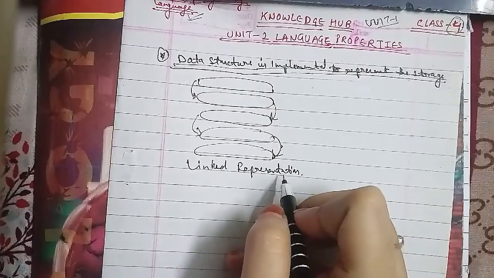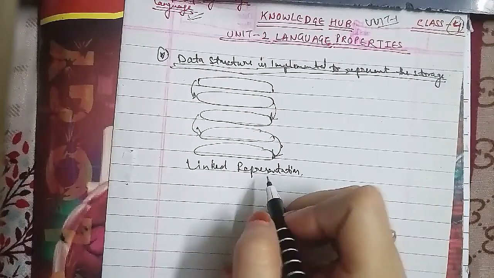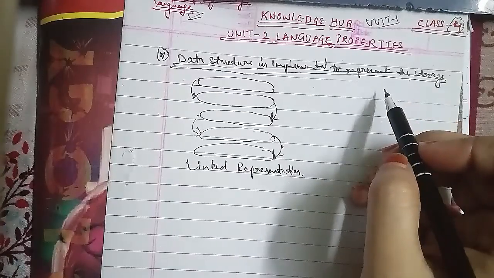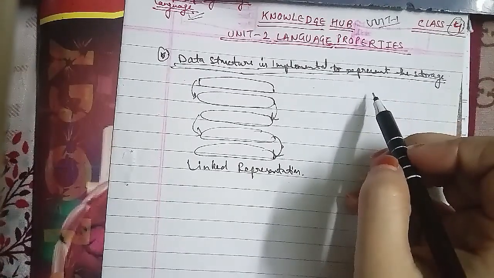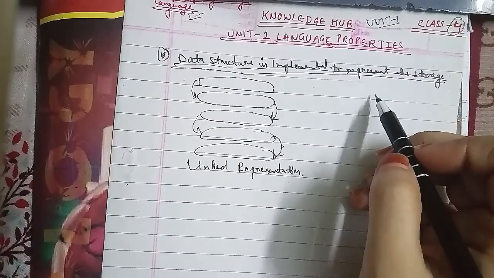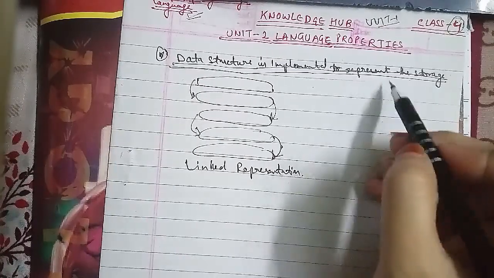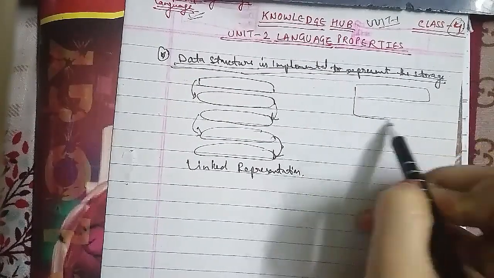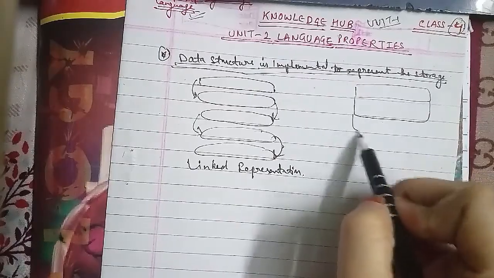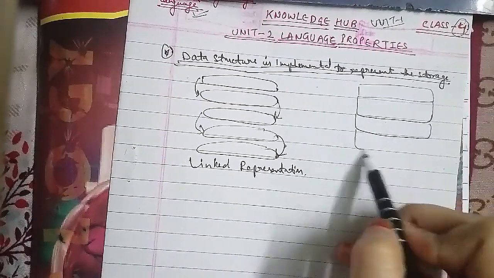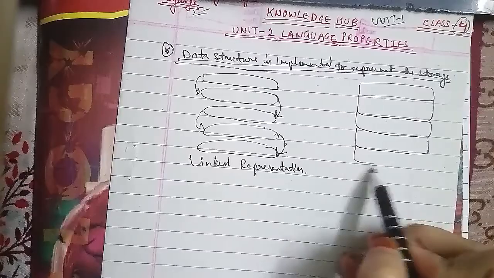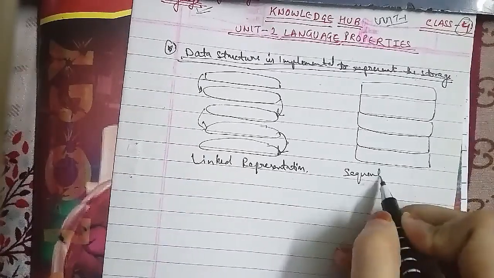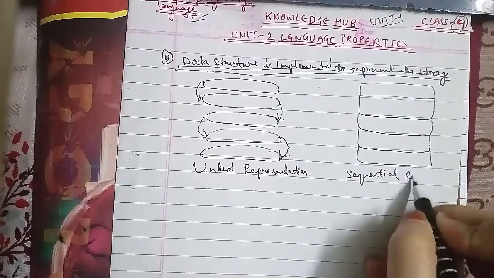The other one is the sequential representation, where we have components set once and they are linked sequentially. This is component, component, component, and again a component as well. This is known as sequential representation.